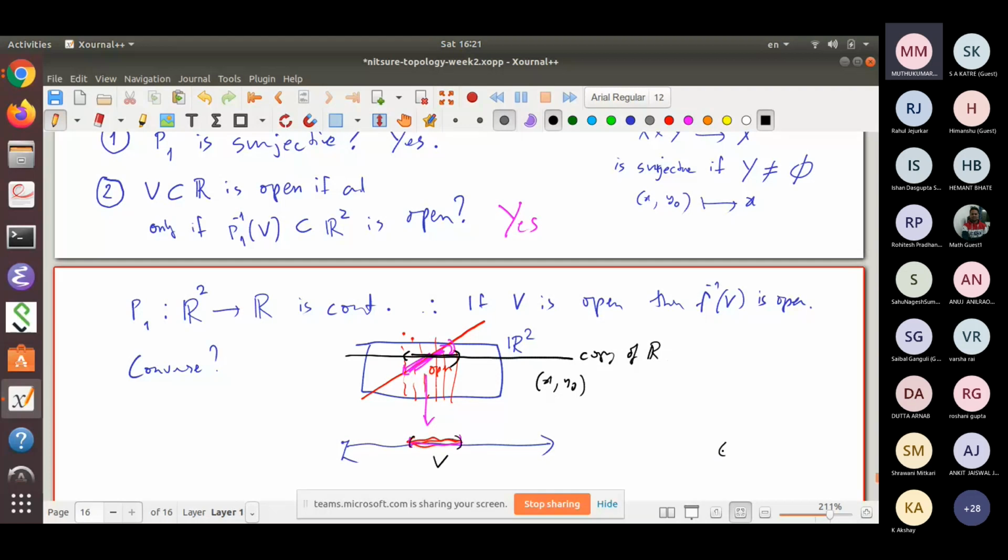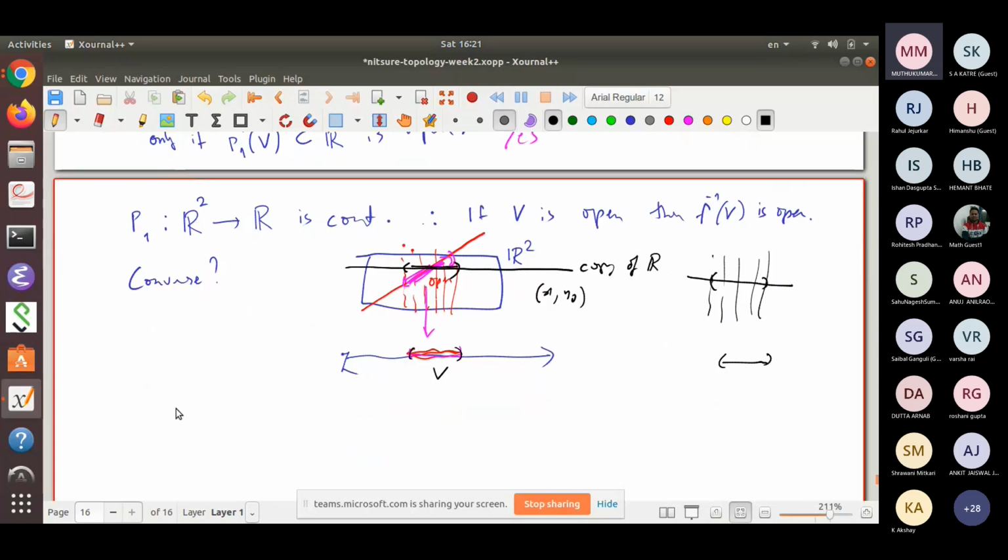If I take an original V, then I build this whole rectangle over it, and then I intersect it with a horizontal line, what do I get? A copy of the original. So the answer is yes. And therefore, this shows that P1 from R2 to R is a quotient map.